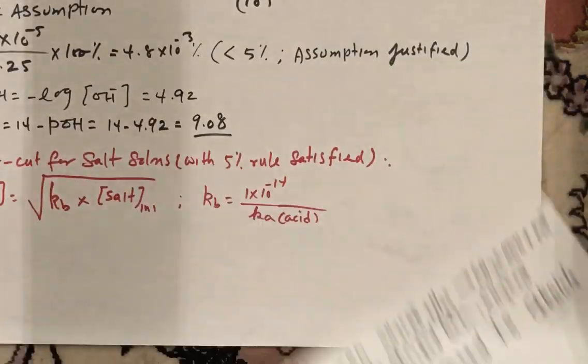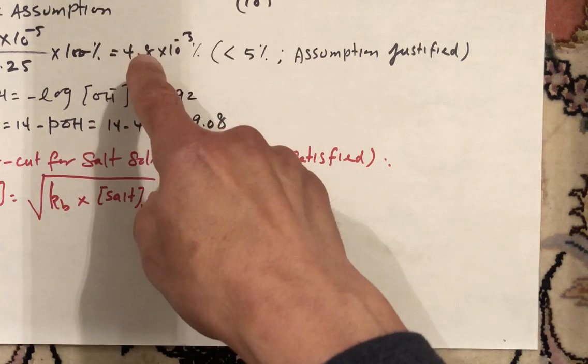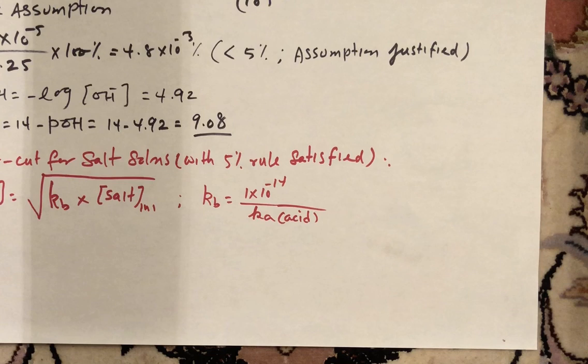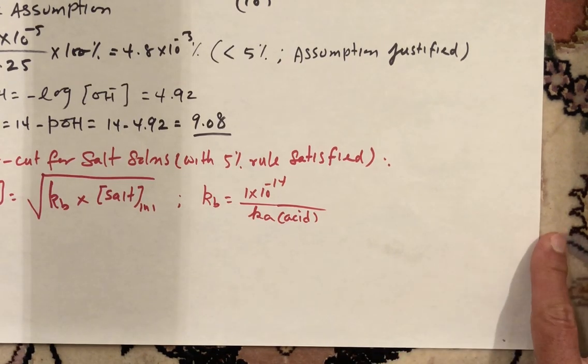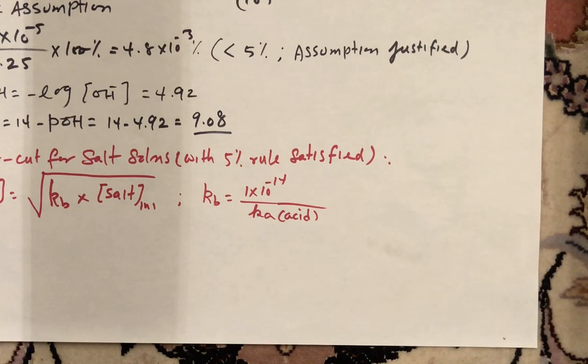Okay. So we are going to check our assumption. The x calculated divided by the initial concentration times 100% is actually 4.8 times 10 to the negative 3 percent, and that is less than 5%, so therefore our assumption is justified. pOH is negative log of that number, which is 4.92, and pH is 14 minus that.